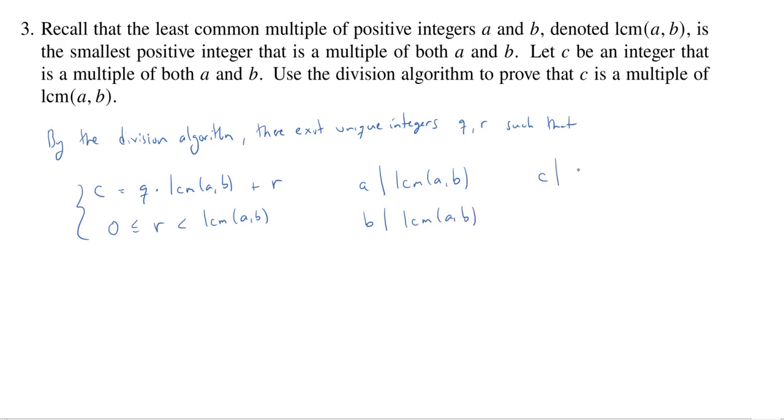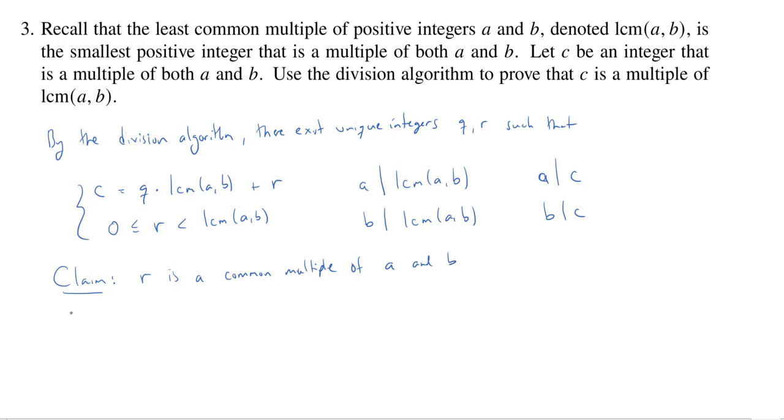So c is divisible by a, and c is divisible by b, or if you like, a divides c and b divides c. What we would like to now argue from this is that r is a common multiple. Okay, so this is the claim we're going to make here. r is a common multiple of a and b.